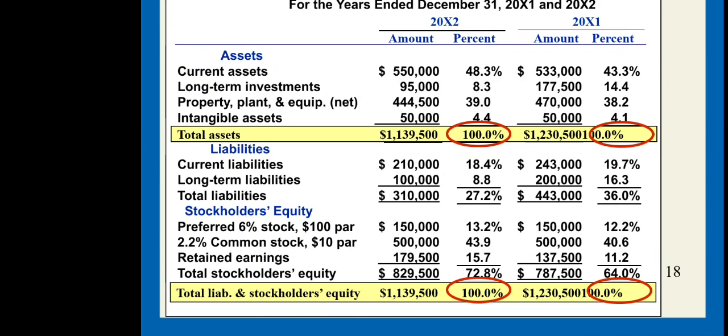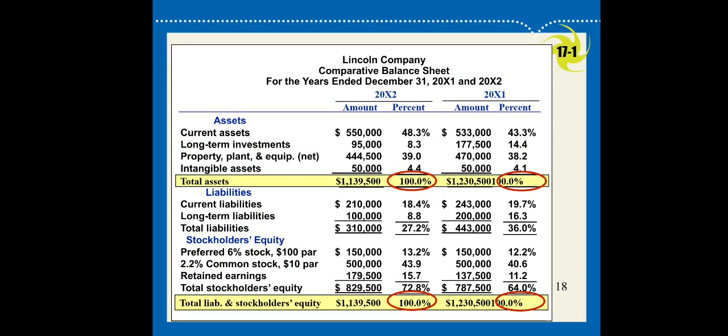Then you will get the 48.3%. So remember, when you do vertical analysis, the total asset is always 100%. And the second thing is the total liability and stockholders' equity also always 100%. So then you just calculate the percentage.